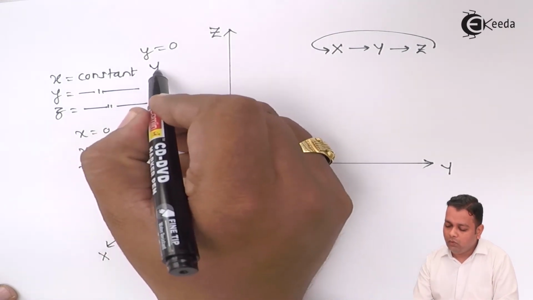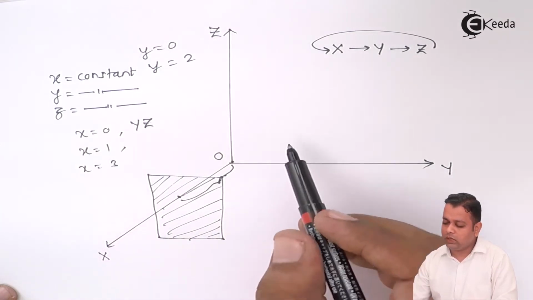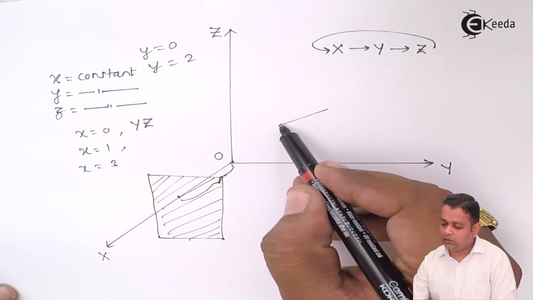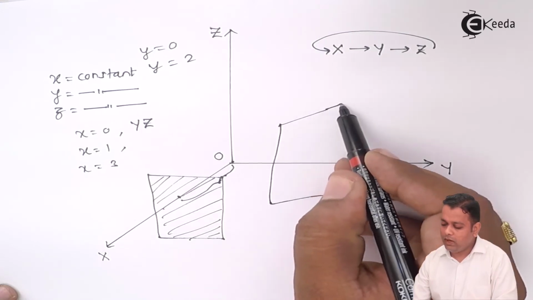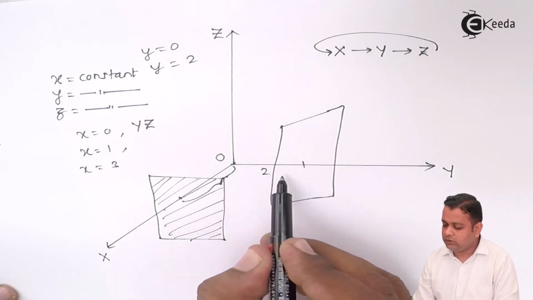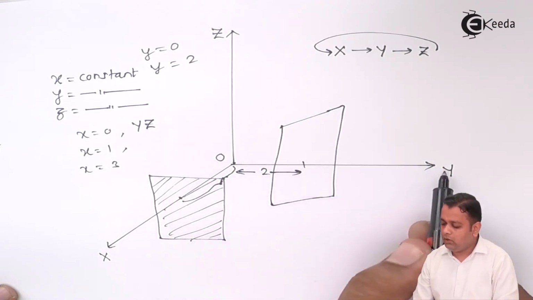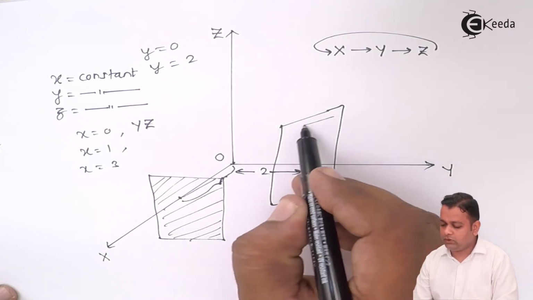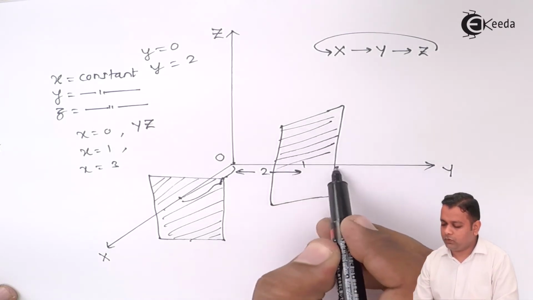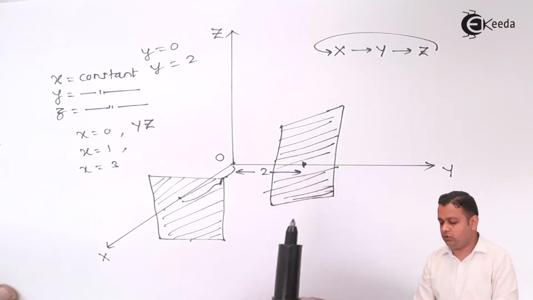If we put y is equal to 2, we have to take such a plane which will intersect the y-axis at 2 units. Suppose this is 2 units from the origin along y. So this is the plane which will intersect this y-axis at 2.